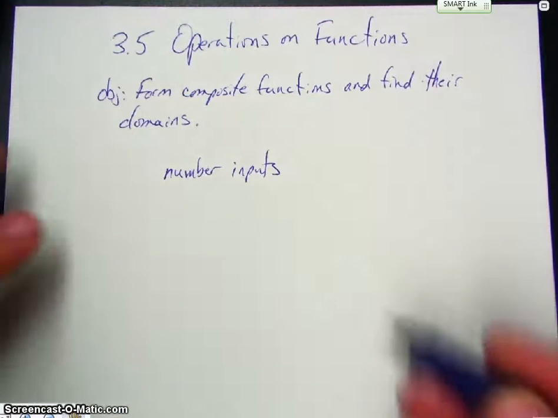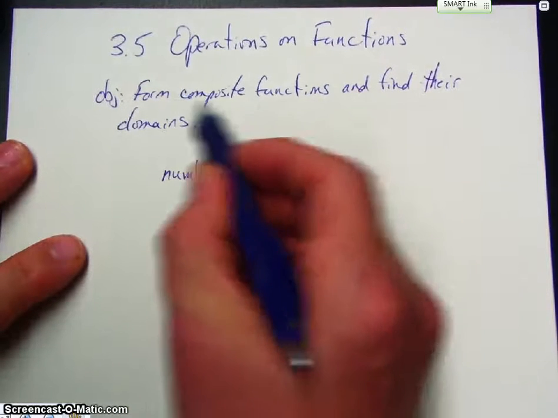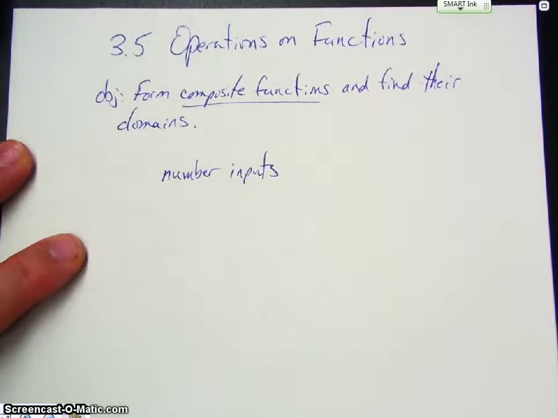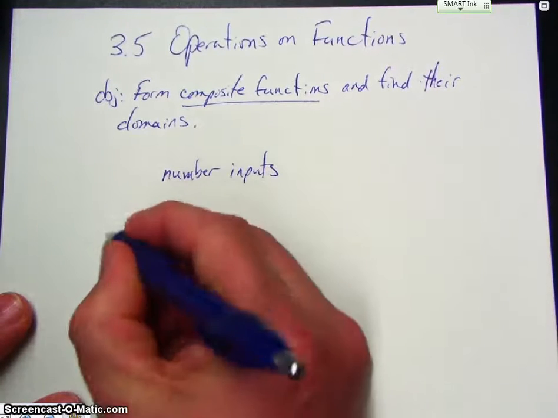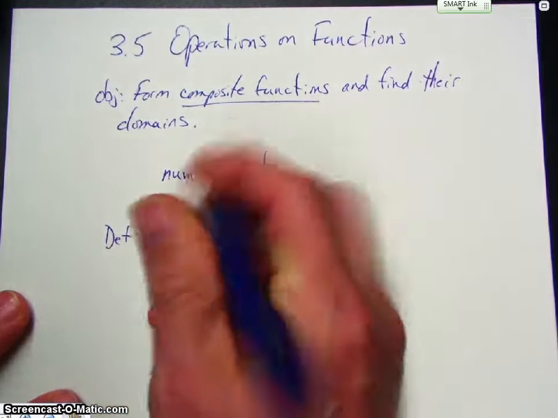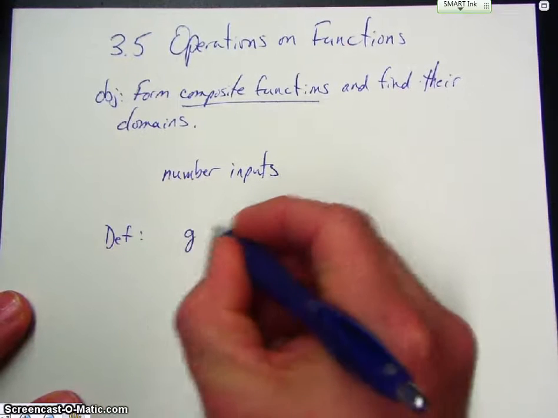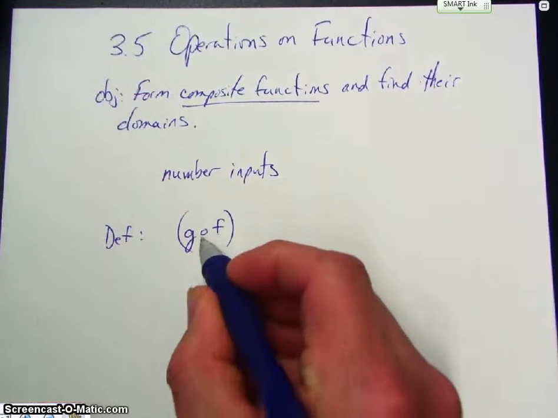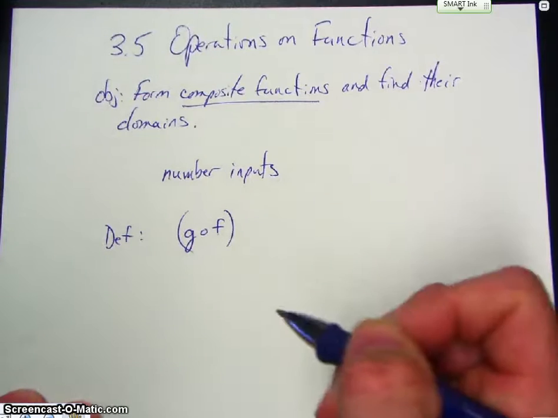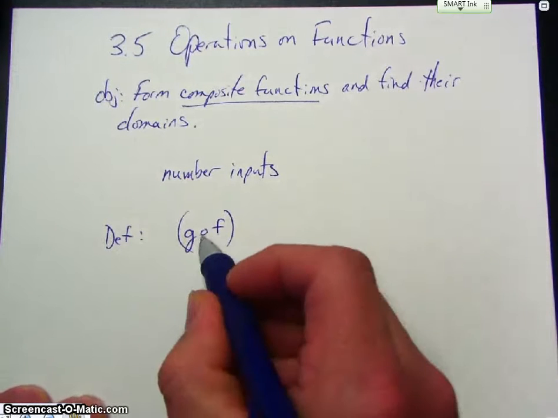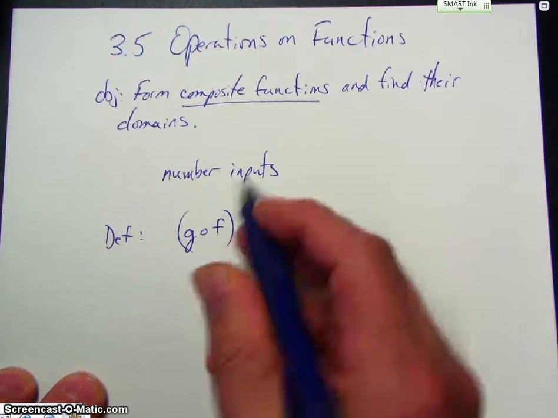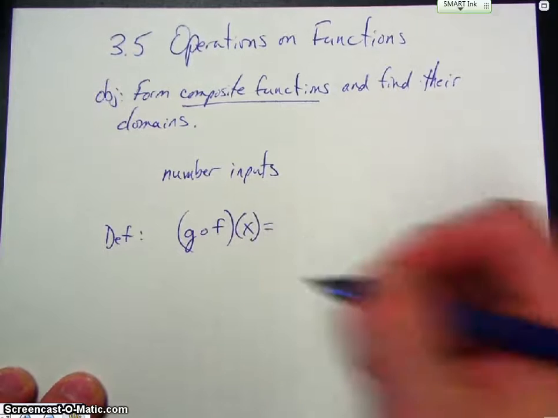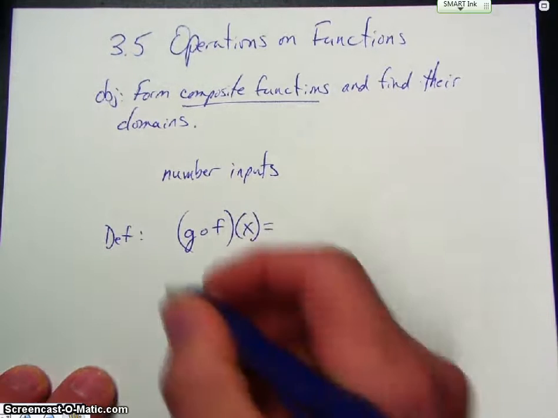Well, first of all, we need to understand what a composite function is. The definition is g open circle f, not a dot, it's an open circle. Dot means multiplication or product. This means composition. That's how they write it sometimes.